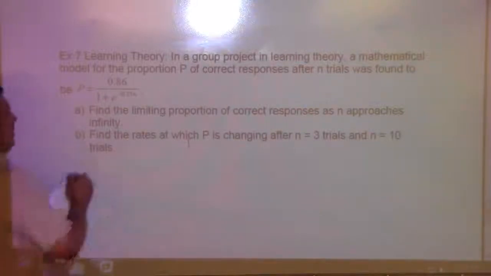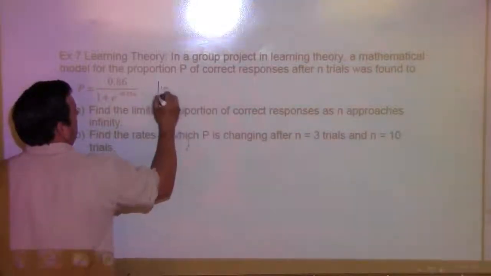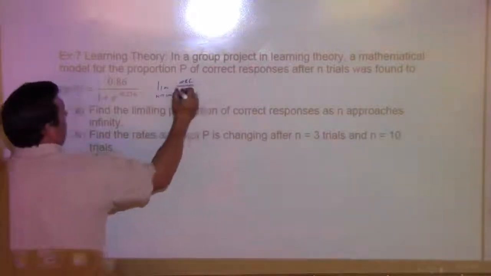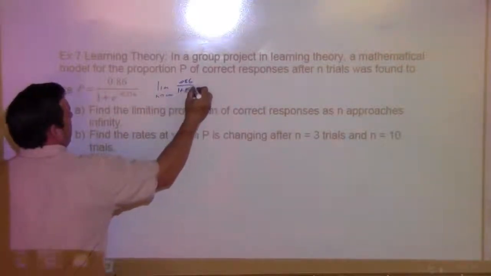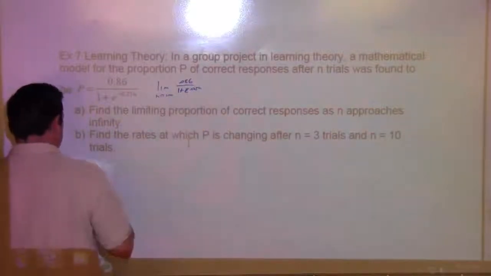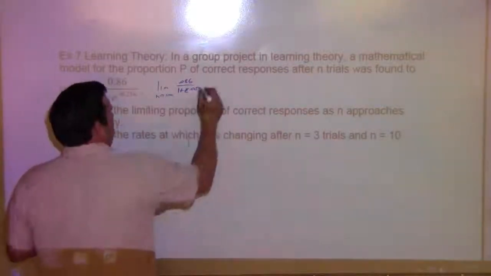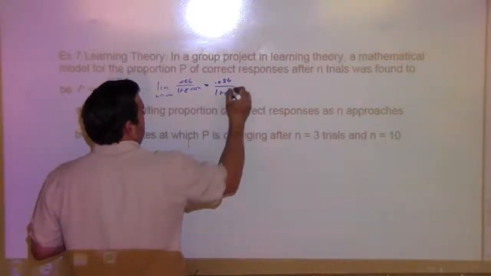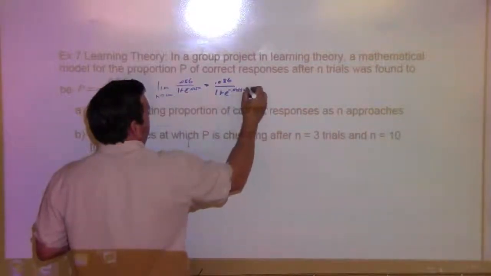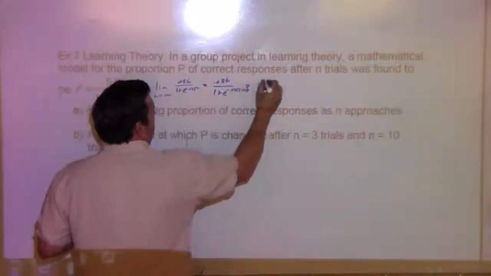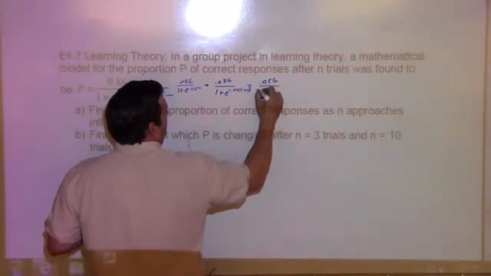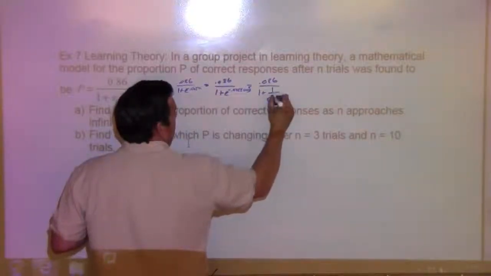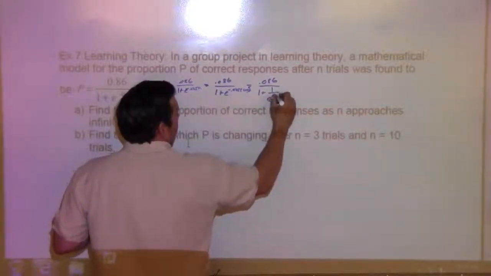We're looking at the limit as n goes to infinity of 0.86 over 1 plus e to the negative 0.025 n. That'll be 0.86 over 1 plus e to the negative 0.025 times infinity, which is 0.86 over 1 plus 1 over e to the positive 0.025 times infinity.